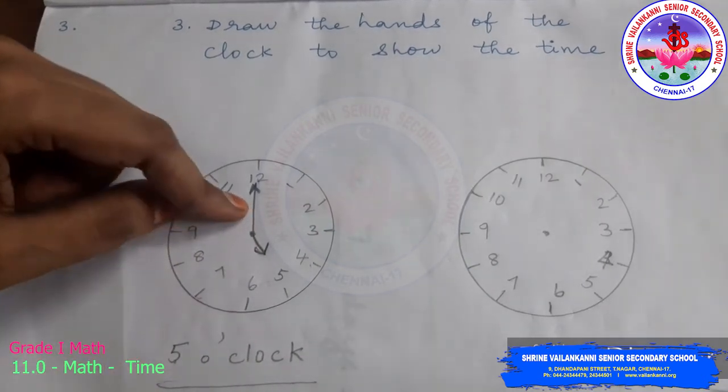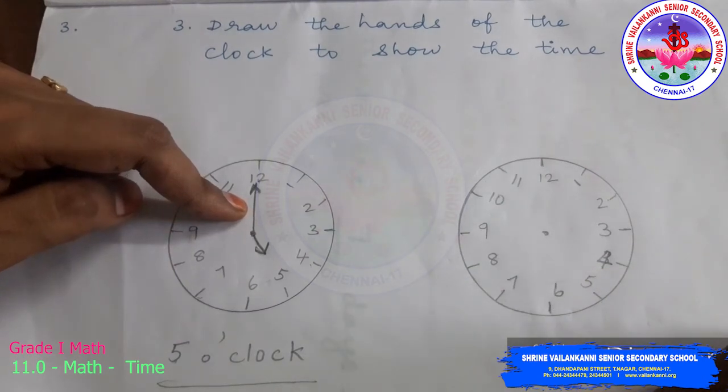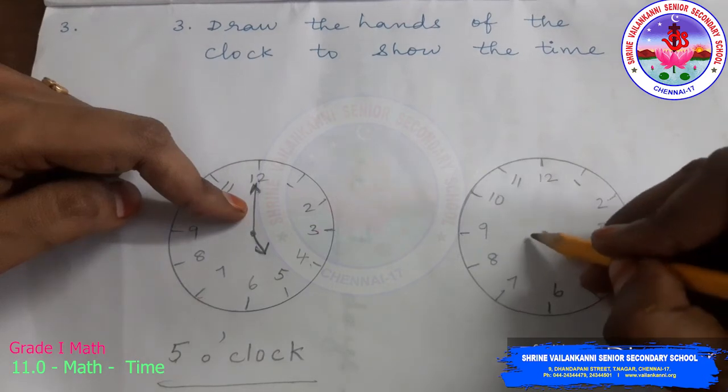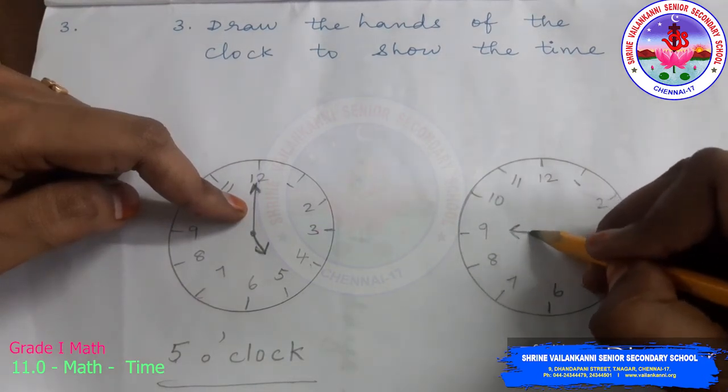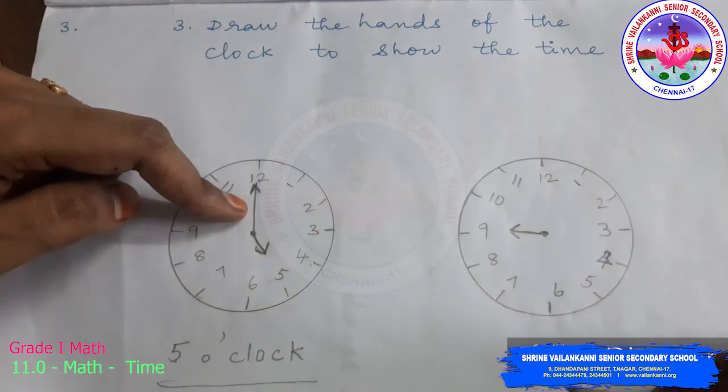Now 9 o'clock. This is hour. The number which comes second is the minute. So the short hand will point at 9. Should point at 9. This is the hour hand. Okay. The number 9 is hour. First hour will come, then only minutes will come.